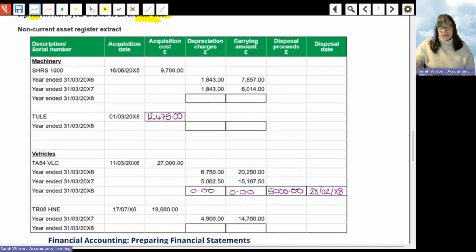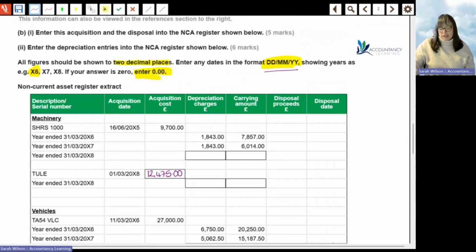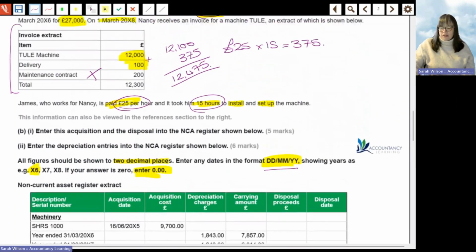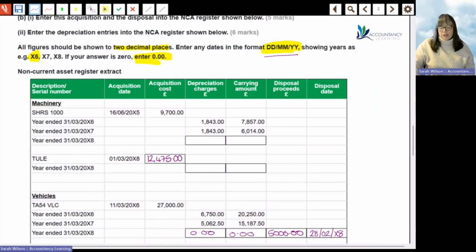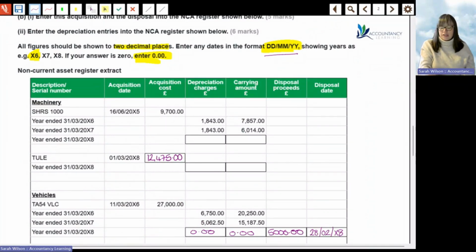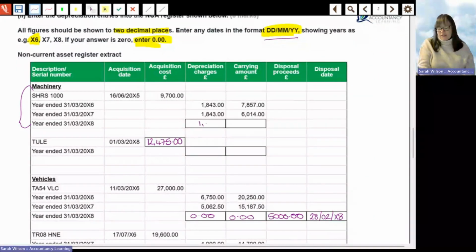And now we can finish this off by doing the depreciation charges. So let's remember the depreciation charge for machinery is 20% on the straight line method and a 5% residual value. So because we're doing the straight line method, this first part of machinery here is going to have the same depreciation, 1,843, because it depreciates at the same amount each year.